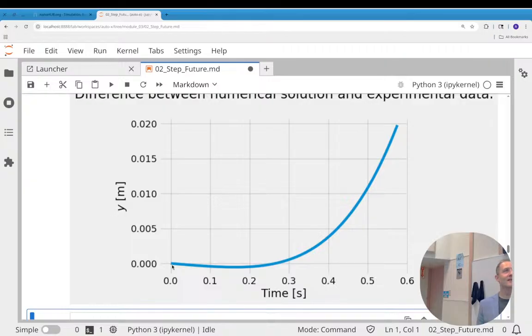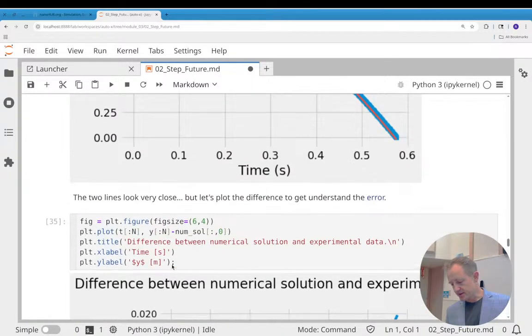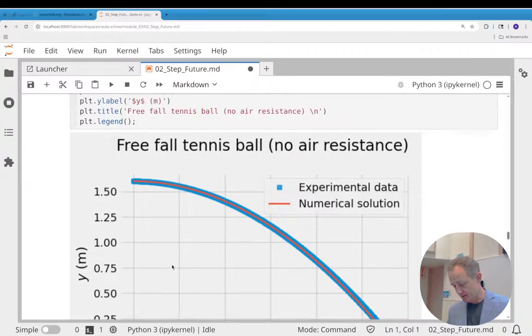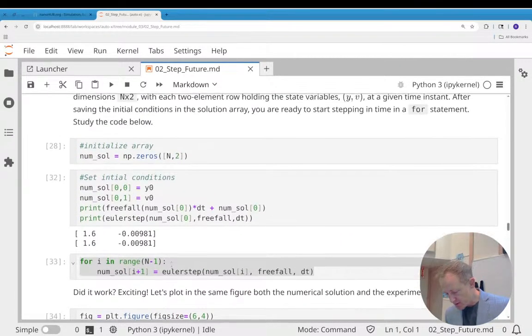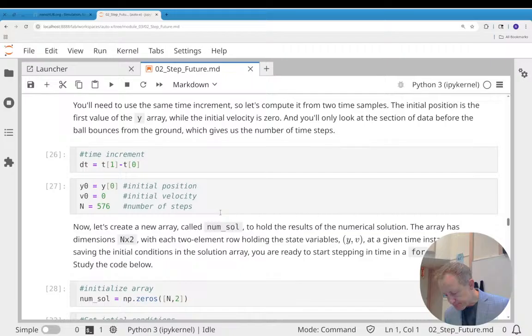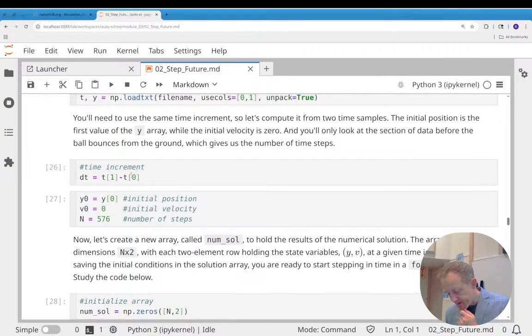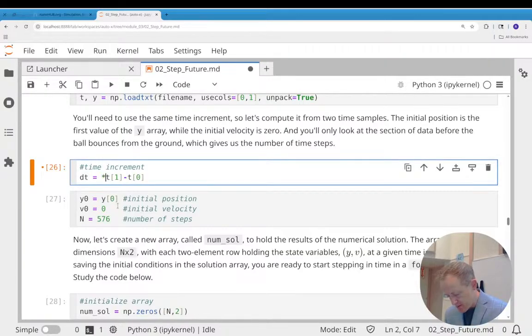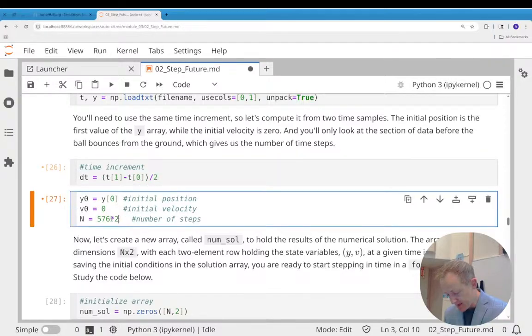Yeah, we could just decrease this time step. And I know here, let's see if I can do this. Divide by 2, multiply by 2.